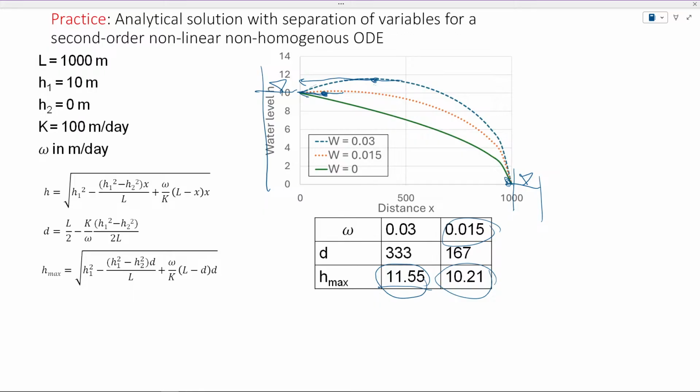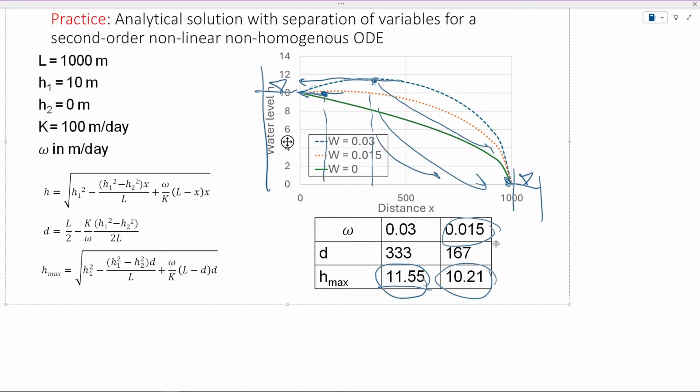And that's a groundwater divide. So water will flow from here to here. That's a divide, and so on. Okay, so that's basically this problem, and I will see you in the next video.